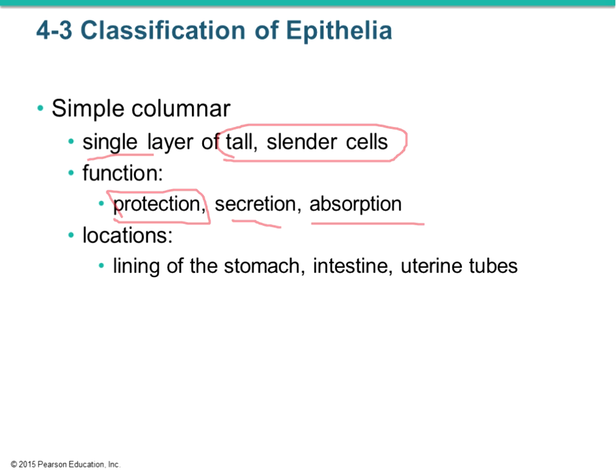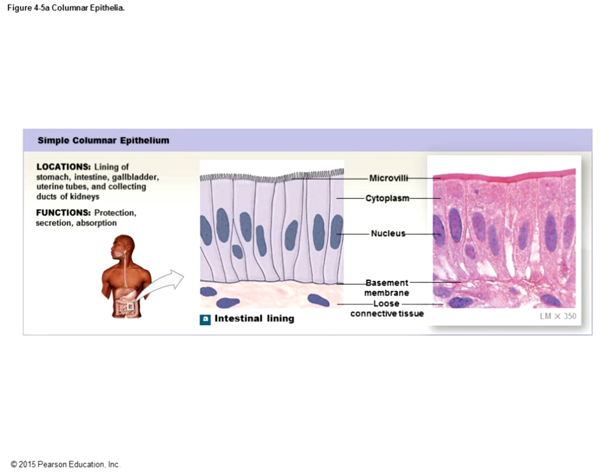A great example where simple columnar is found is in our digestive pathway, like the stomach and the intestines, because you need protection down in that area, with a lot of churning going on and acids and enzymes being released. So you need something fairly tough, but you also need to be able to secrete digestive enzymes and other components, as well as absorb nutrients. So a lot of functionality going on there with this simple columnar epithelium.